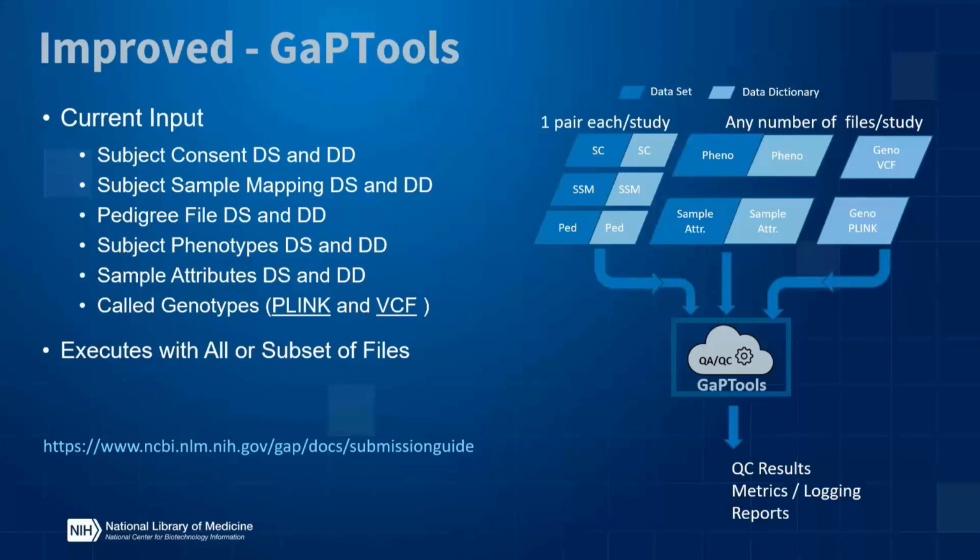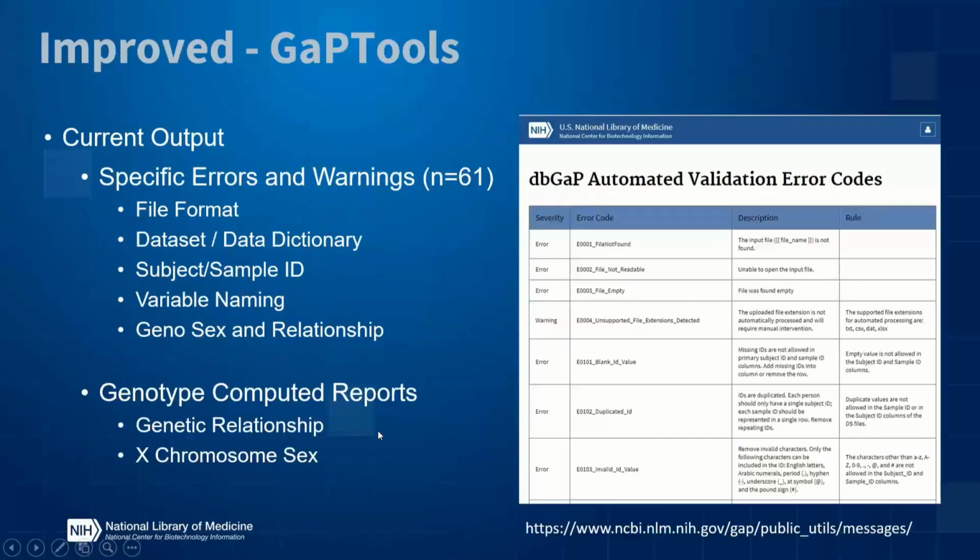This tool operates on all or a subset of these files. And the tool outputs QC results, some metrics and logging, and some reports. And if you have questions about specifics on the files within dbGaP, you can go to our submission guide, and the link is here.